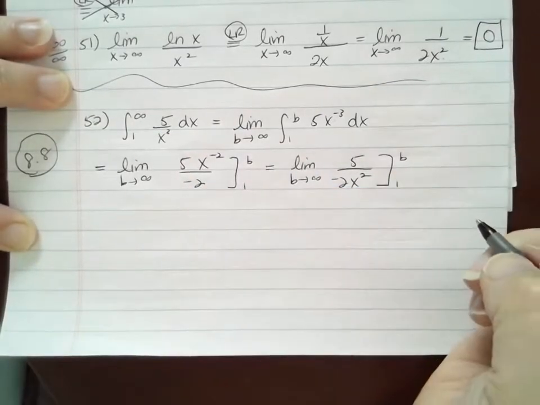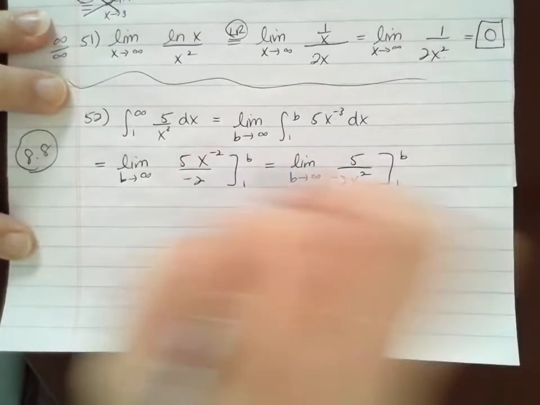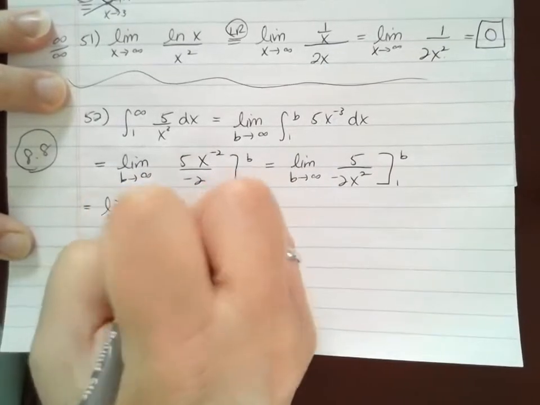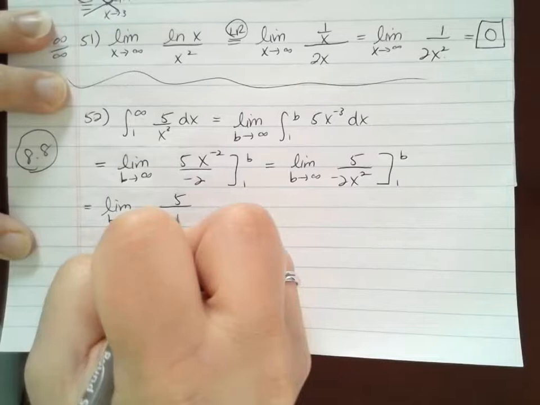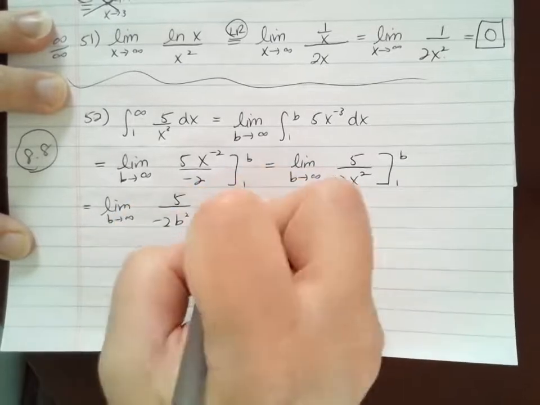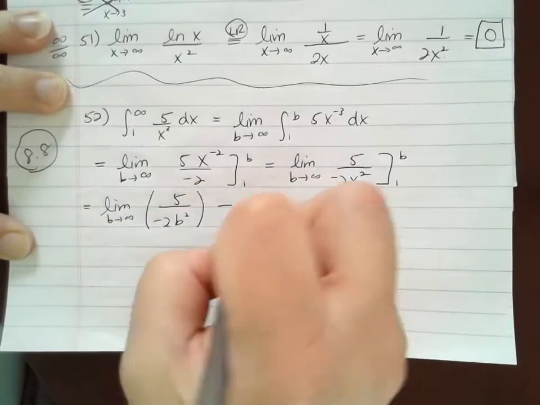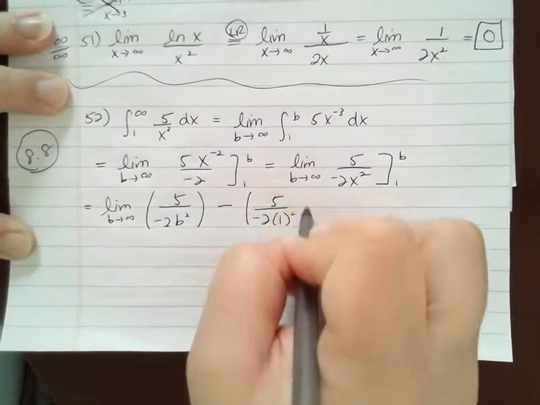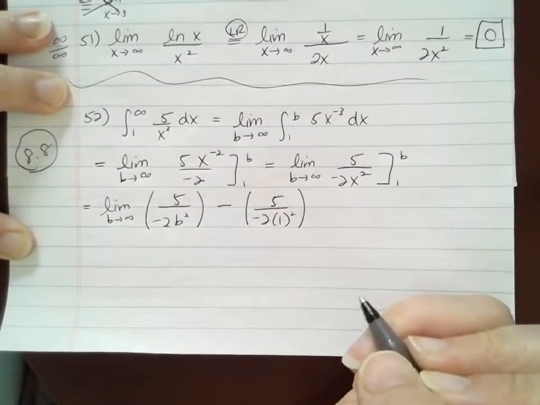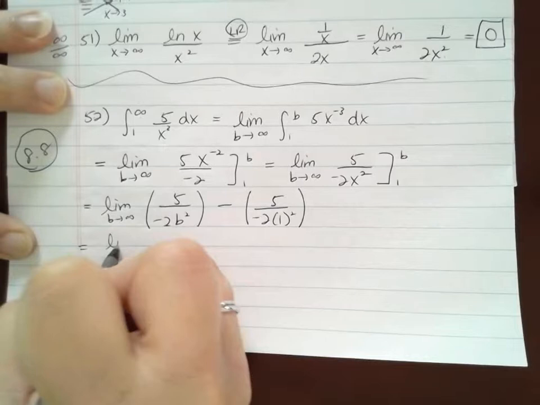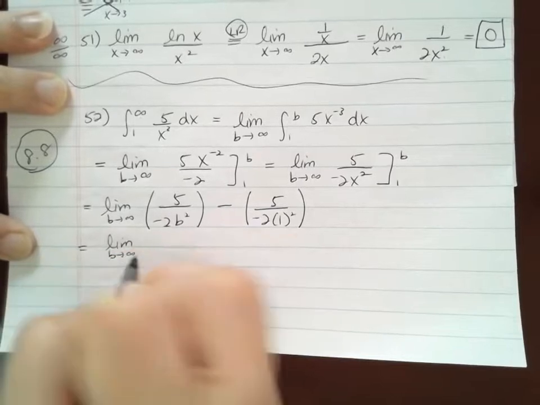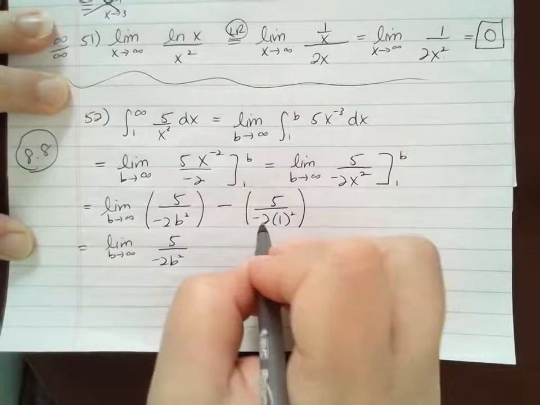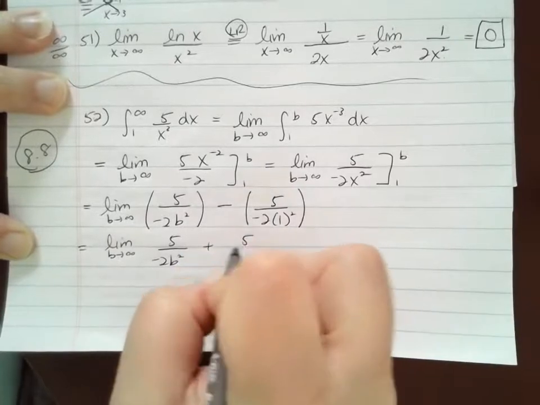And just like we did with any definite integral, we're going to plug in the upper bound and subtract the lower bound. I always like to take a second to clean up what I just did. This is now going to become plus 5 over 2.